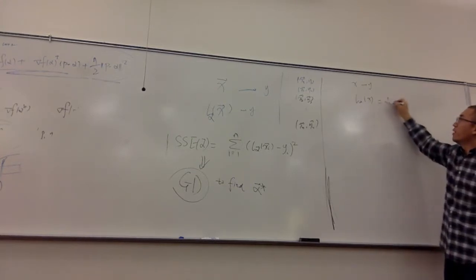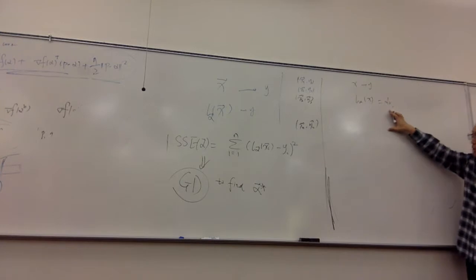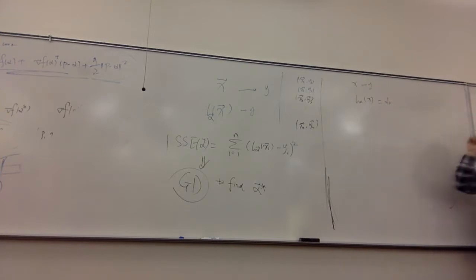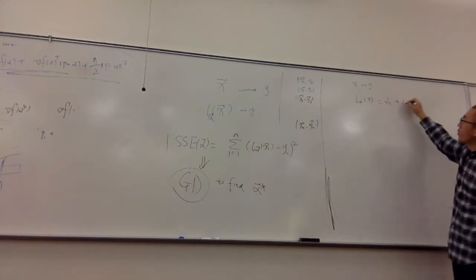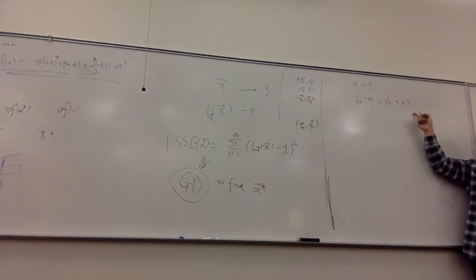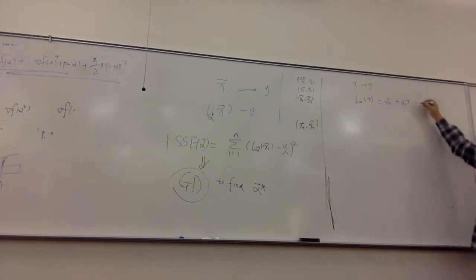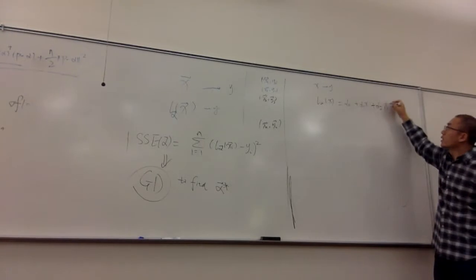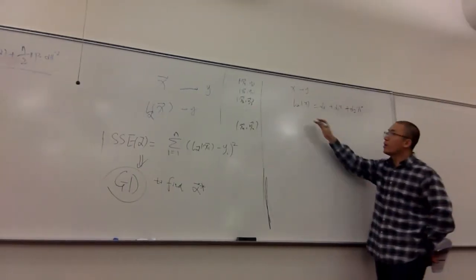So the first term must be alpha 0, which corresponds to the 0th order polynomial term. The second term is alpha 1 x, the first order polynomial term, where alpha 1 is the coefficient. And then the second order polynomial term, alpha 2 x squared. So this is our regression function.